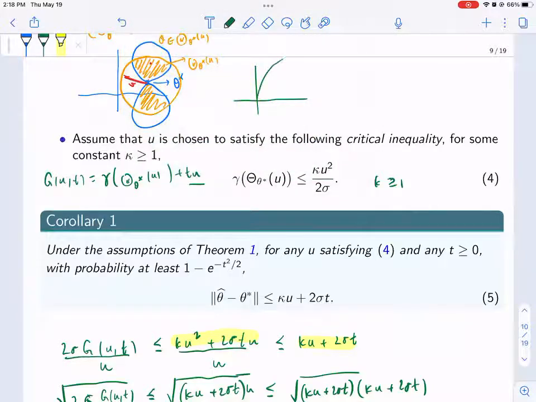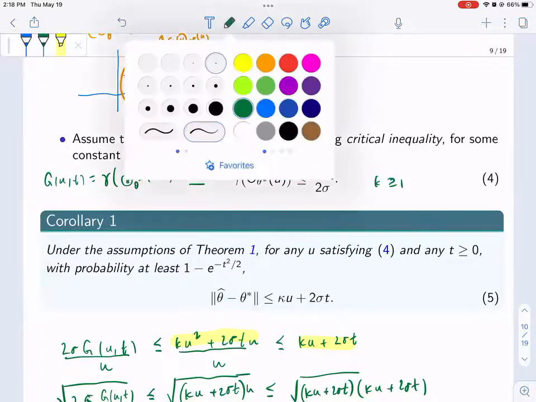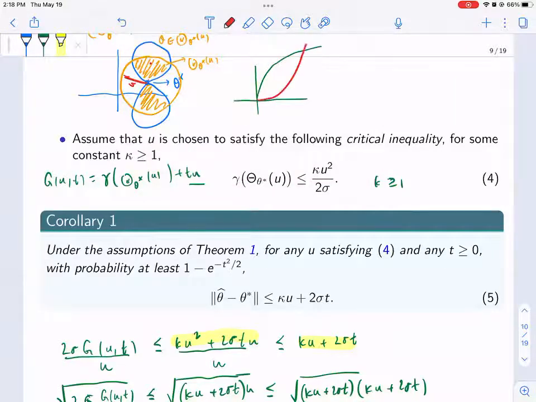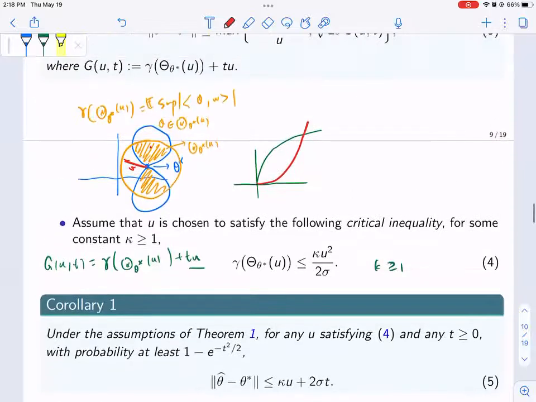The other term grows like this. It's a quadratic. So there is a smallest place where the first time that this goes above. That would be your critical radius.